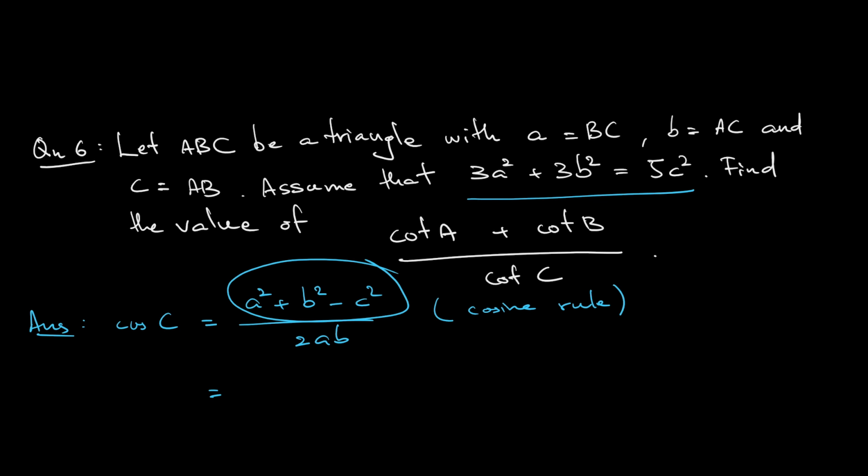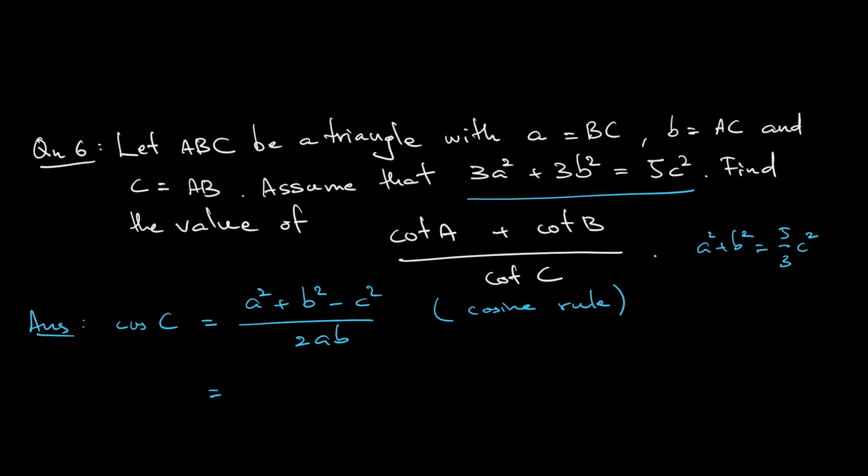So you can change a squared plus b squared to become 5 over 3 c squared, and then substitute it in.